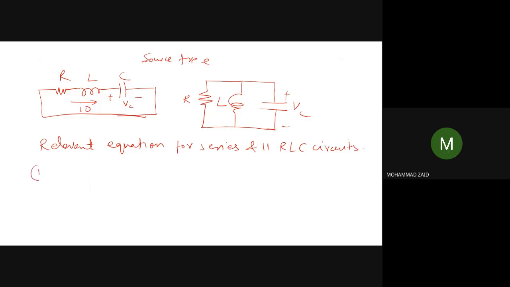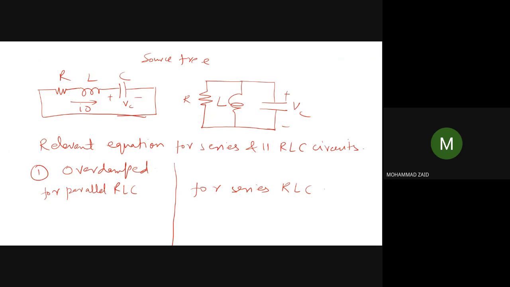So the first case is the overdamped case. For the overdamped case, we can draw a table like this, for parallel RLC and for series RLC.